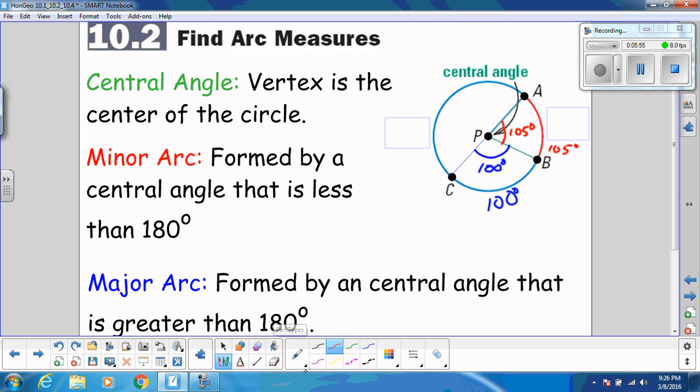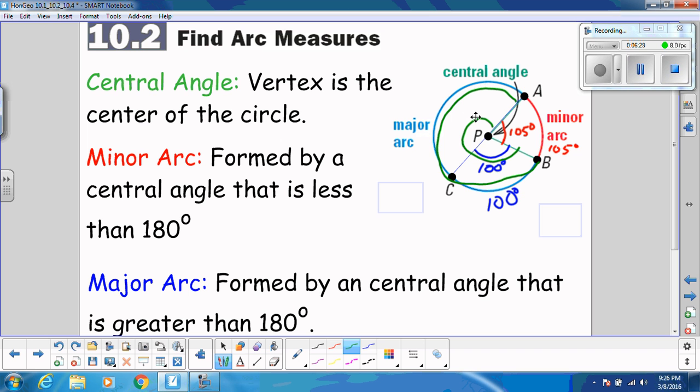Okay, so that's what we mean by an arc, and a minor arc is simply one that has a measure that is less than 180. A major arc is formed by a central angle that is greater than 180. So the major arc, let's say I went all the way from B all the way to A. That is formed by this arc right here.